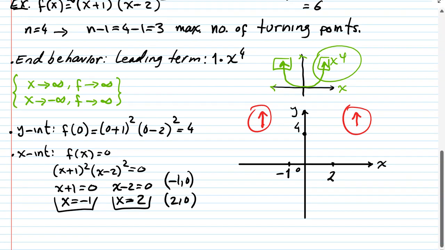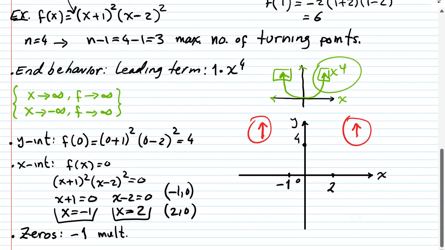Now, once we determine the zeros, this is another important part. The zeros are -1 and 2. We need to determine the multiplicity. The multiplicity will tell us how the function behaves near those zeros, and whether it crosses or touches and bounces from it.